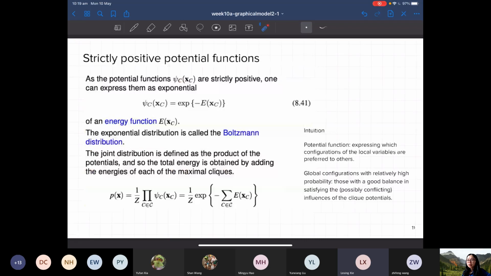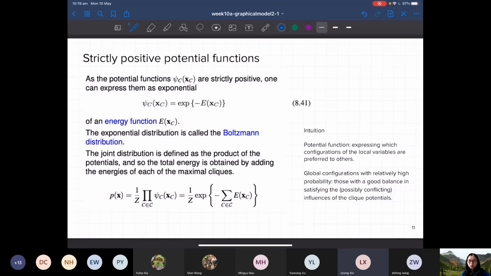So we can see that there is value in strictly positive potential functions. There is also representational convenience that arises with these functions. In graphical models, being strictly positive has preferable modeling value.